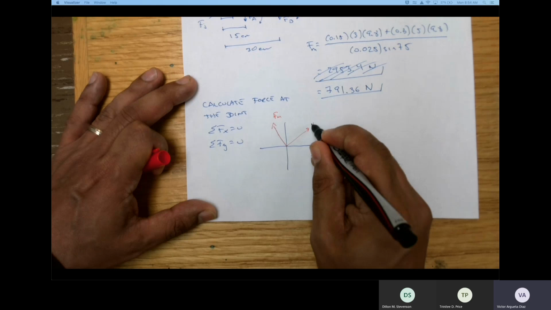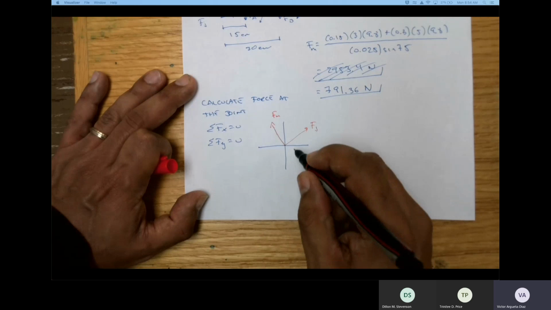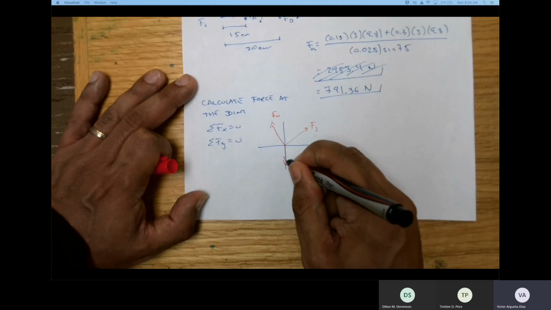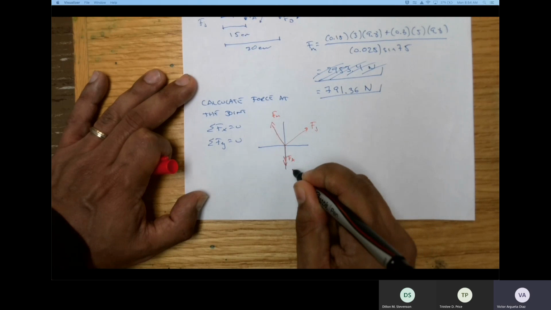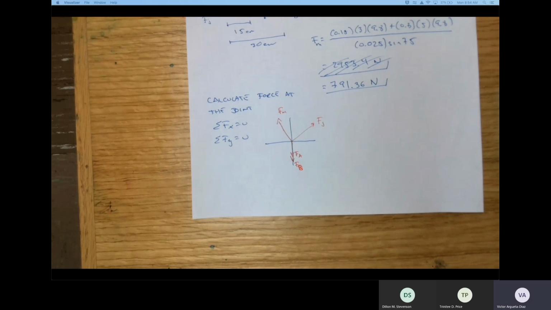Again, I don't know which way it goes, so I'm just going to make a guess and assume it's in the first quadrant. And I'm going to have the weight of the arm and the dumbbell.